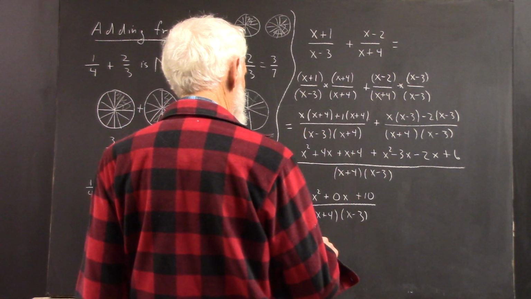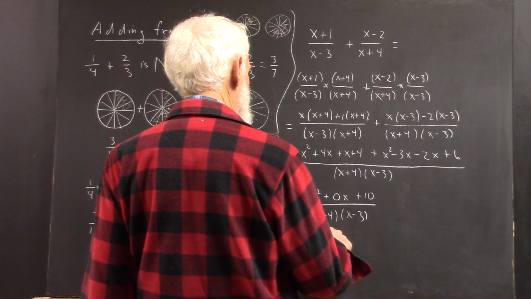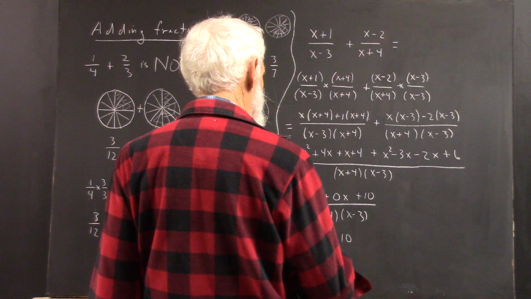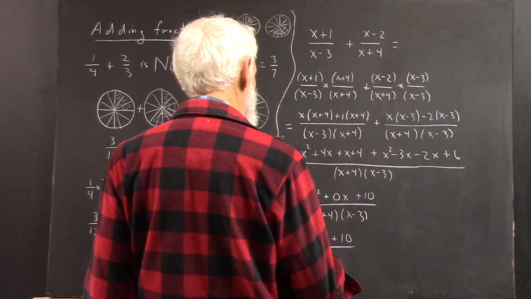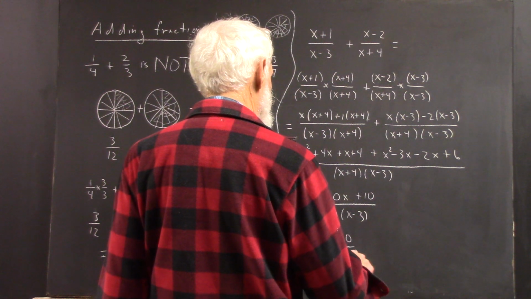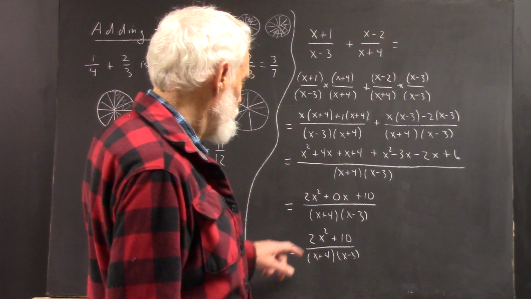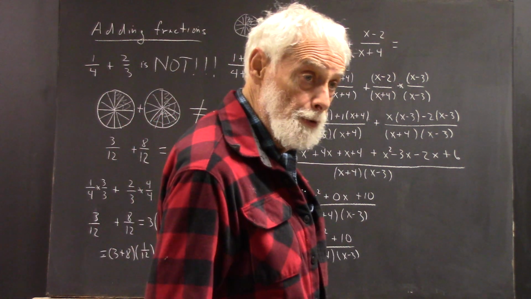And that is equal then to just (2x squared plus 10) over (x plus 4) times (x minus 3). And that's a perfectly good form. But it's always a good idea to factor the numerator as much as possible.